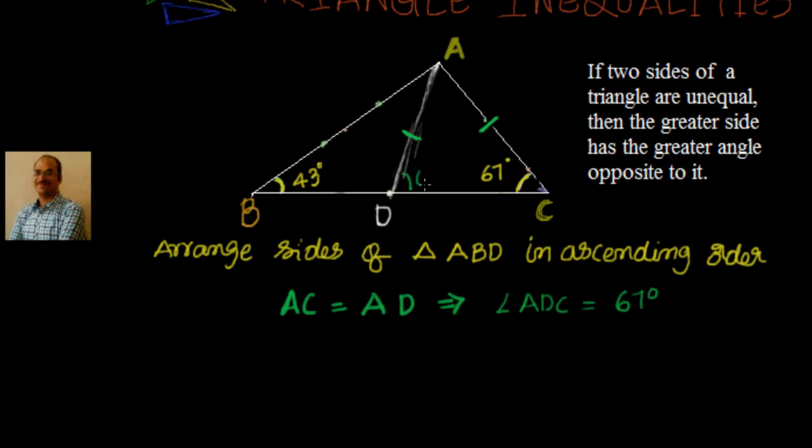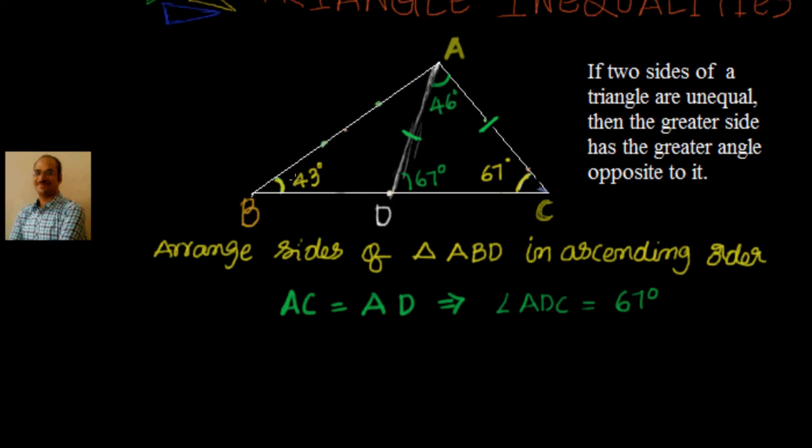That means this angle is also equal to 67 degrees, because we know isosceles triangle: if the two sides are equal, the angles opposite to them are equal, or the base angles are equal, right? If I know this is 67, this is 67, I can find out this. Can you go ahead and find out this for me? The total angle of this triangle should be 180 degrees. This is 67, this is 67. You can check it out. This will become 46, so that the total is 180: 67, 67, 46.